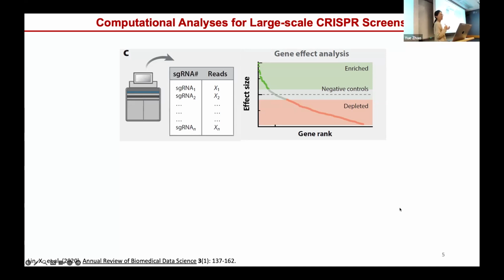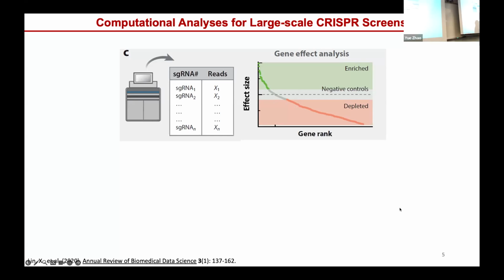Remember, we usually have 4 to 6 guide RNAs targeting one gene, so we need this aggregation step. And then we can plot this gene effect analysis with gene rank on the x-axis and the gene effect size, or the aggregated log fold change of each gene, on the y-axis.